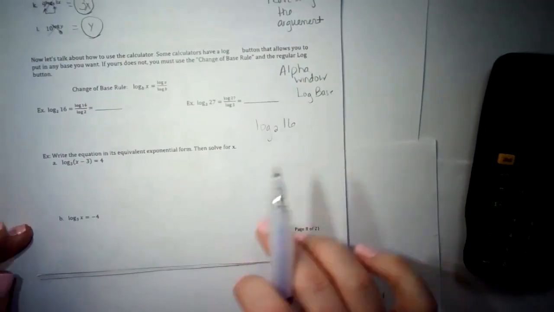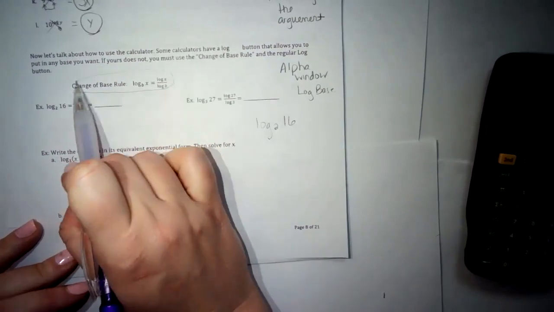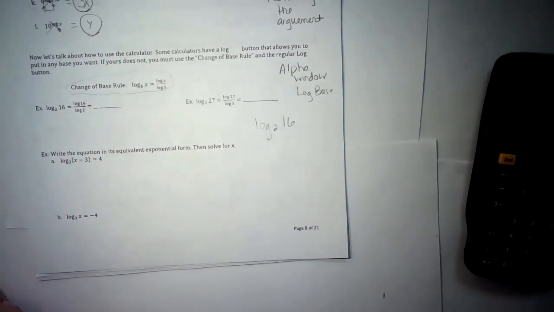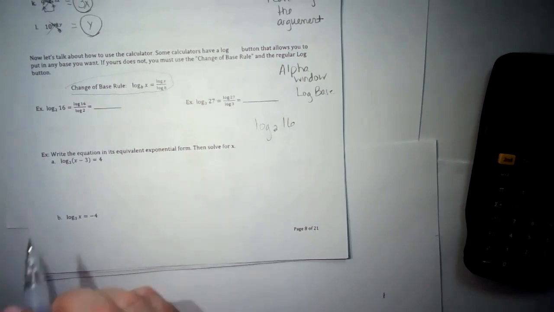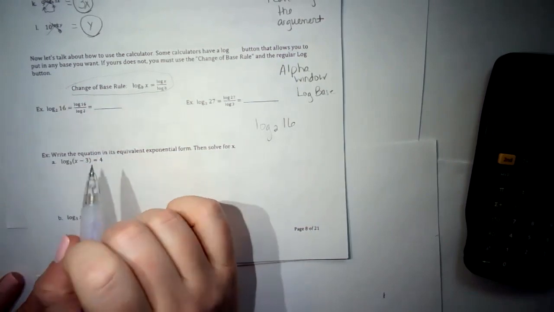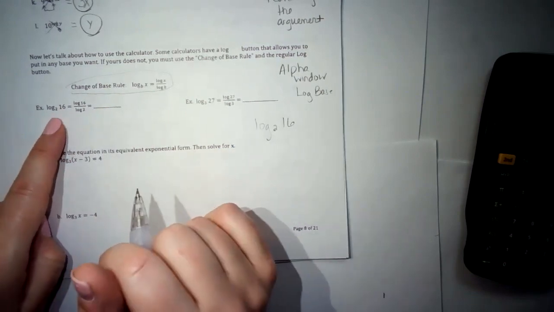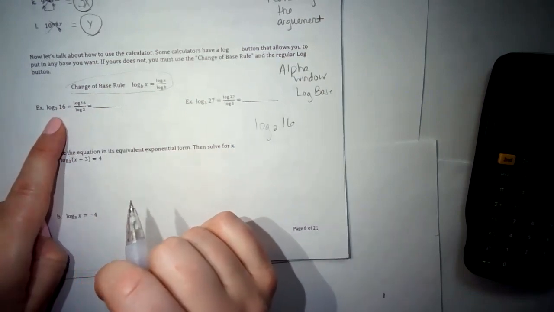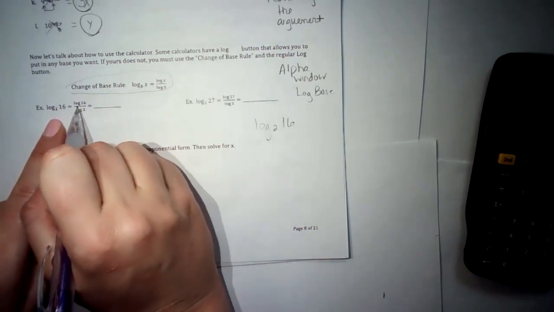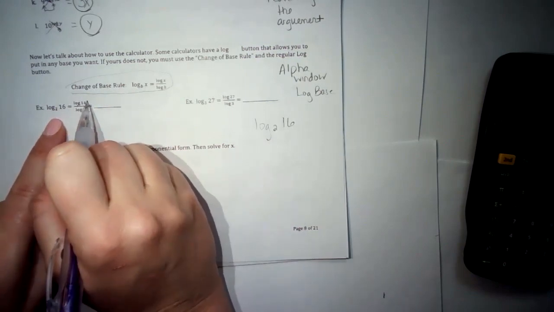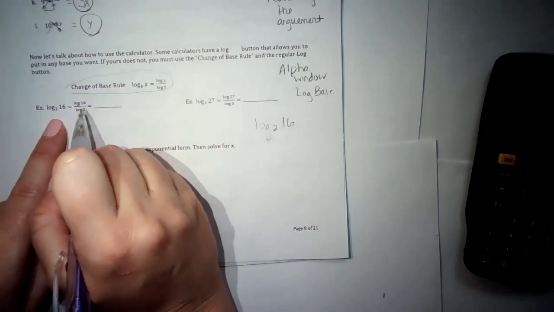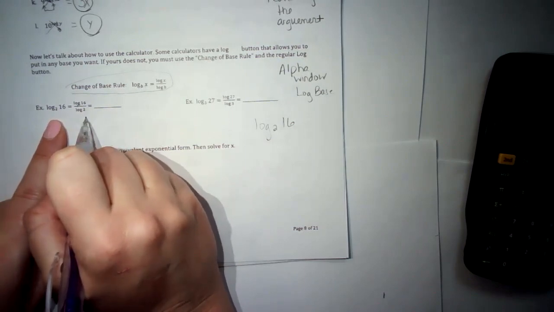Well, here's the thing. We can use what we call the change of base rule. This means that we can turn your log base 10 into anything we want. So if I want to use log base 2 of 16, you're going to take the common log of 16, which is the argument, divided by the common log of 2.